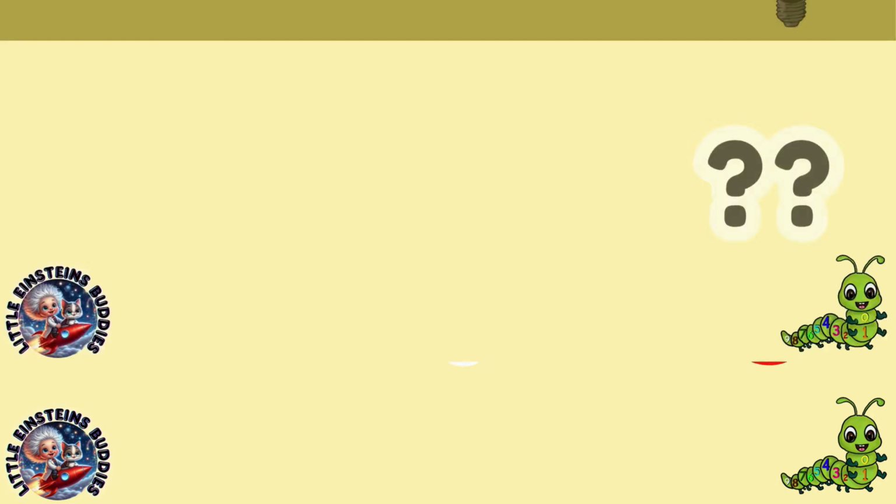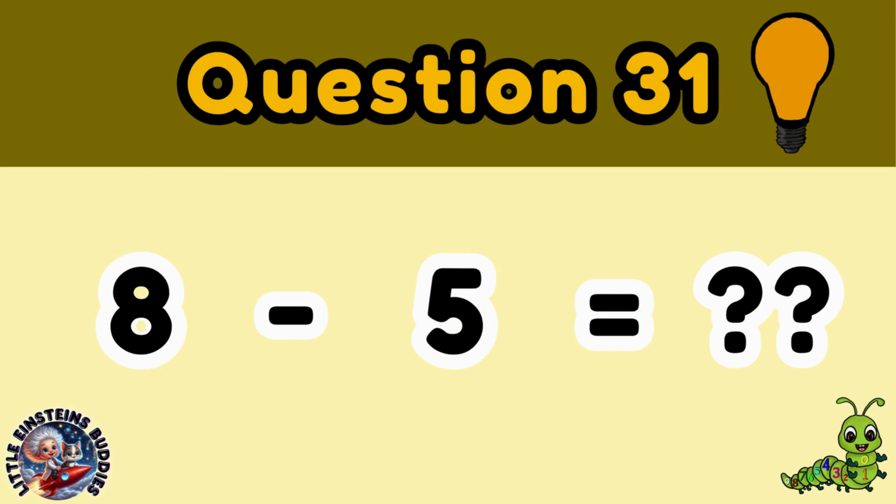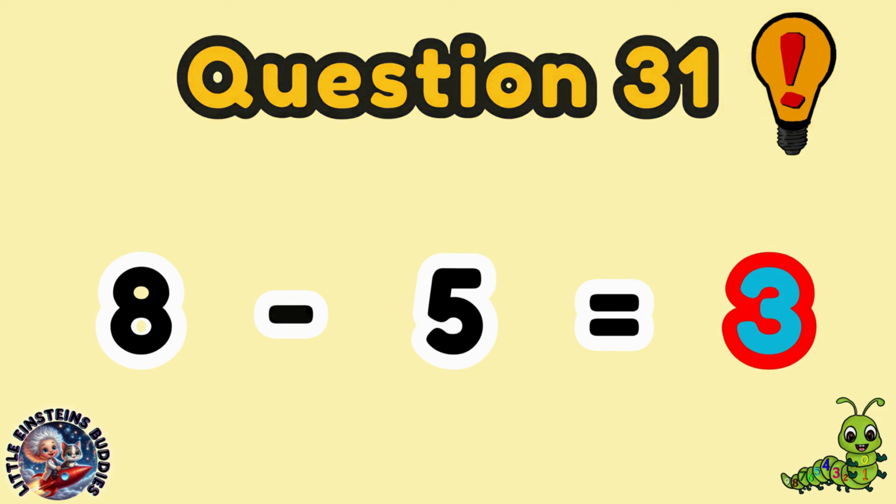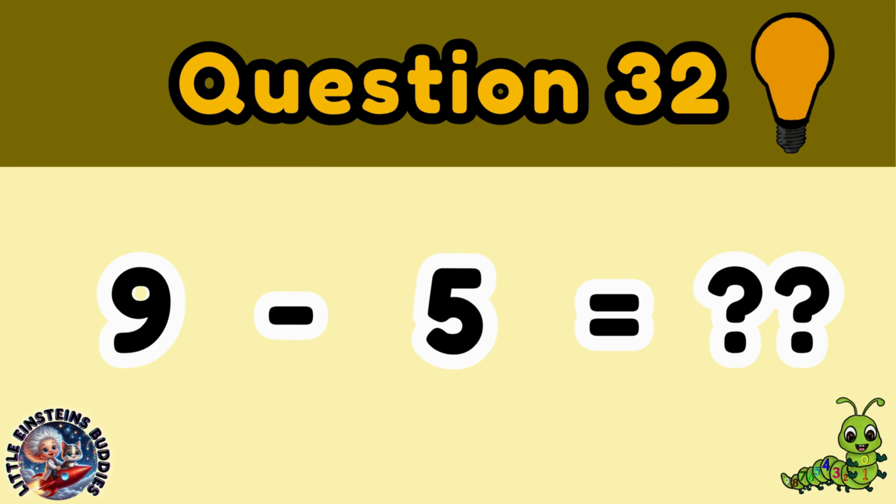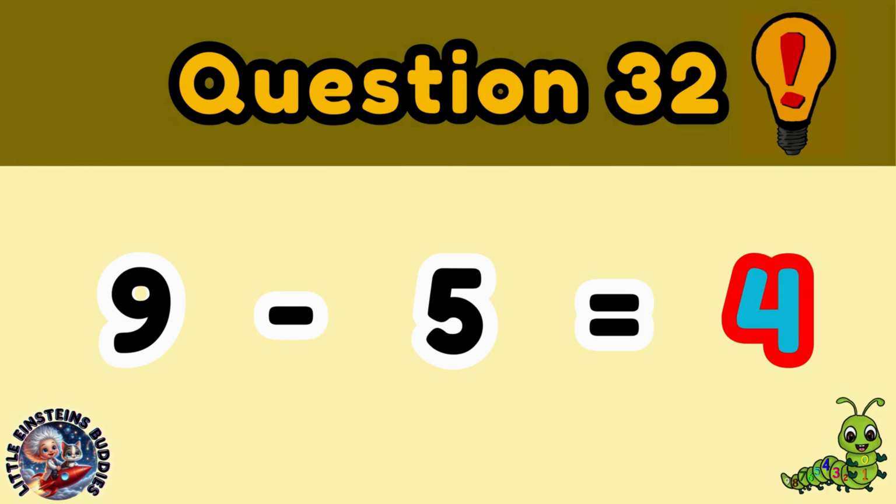Eight. Question 31. 8 minus 5 is equal to. Three. Question 32. 9 minus 5 is equal to. Four.